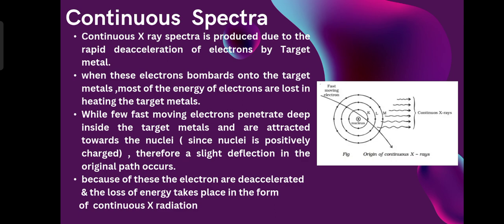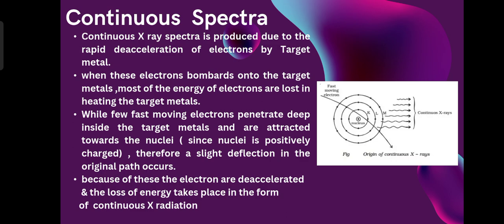Because of such deflection, the speed of the electrons gets reduced, and hence the name deceleration of electrons. And as soon as the electrons get deflected, the energy is lost in the form of X-ray radiations.